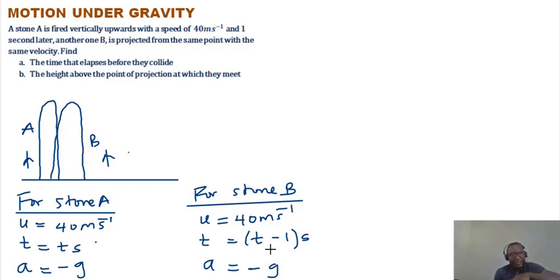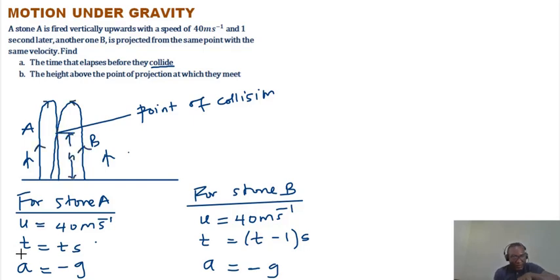Now, at the point of collision, both stones A and B are at the same height above the ground. So I can call that height h. So displacement here is h, and displacement here is also h above the ground.